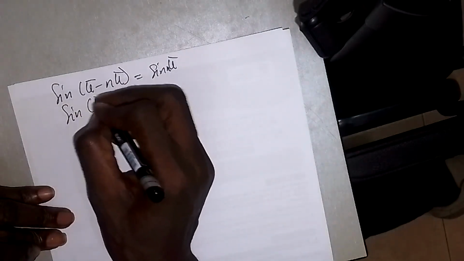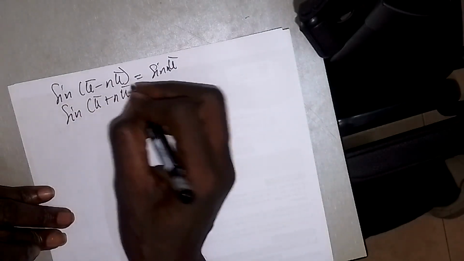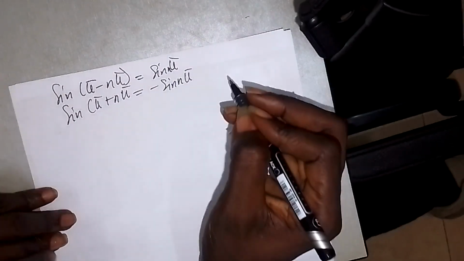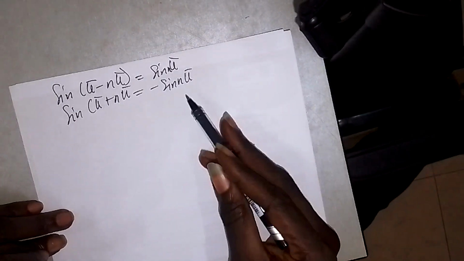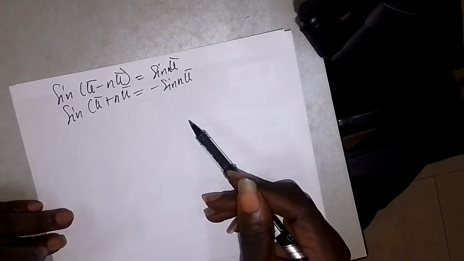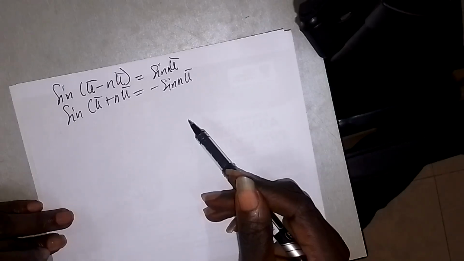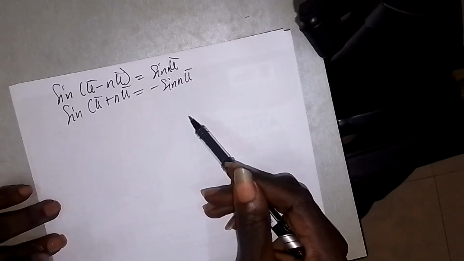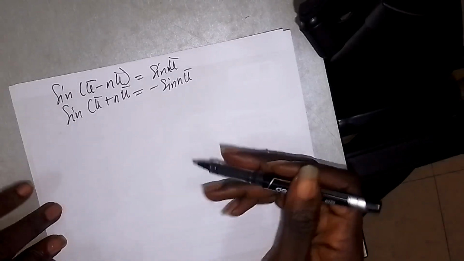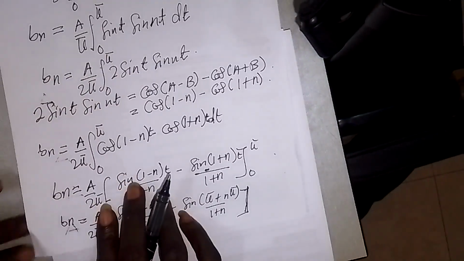And whenever we have sine(pi plus n pi), it is equal to minus sine n pi. Just as the way we proved with the cos, you can also take the sine wave and prove this one also. So you have to know that. Now let's come back to this equation that we just got.